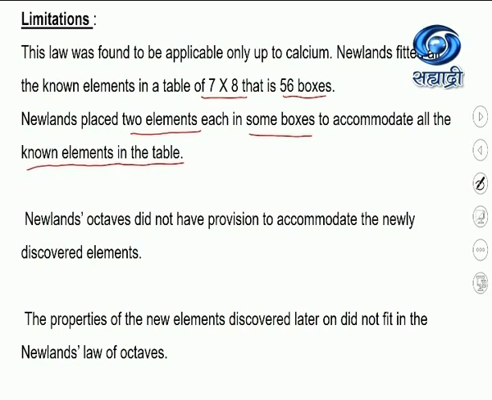Newlands' octaves did not have a provision to accommodate newly discovered elements. And the properties of new elements discovered later did not fit in Newlands' law of octaves. So that's why this theory was also not accepted.